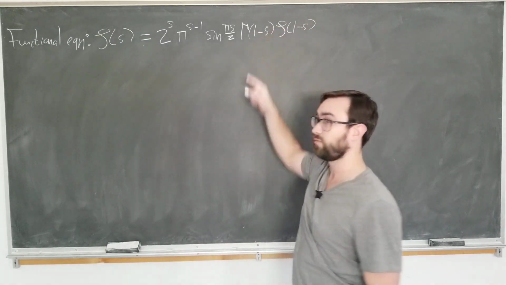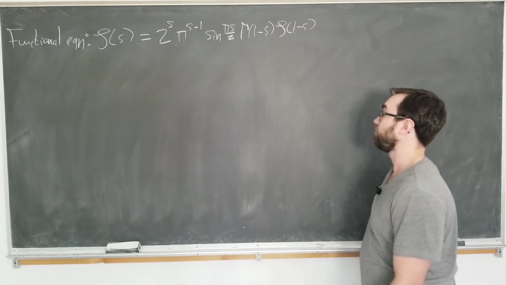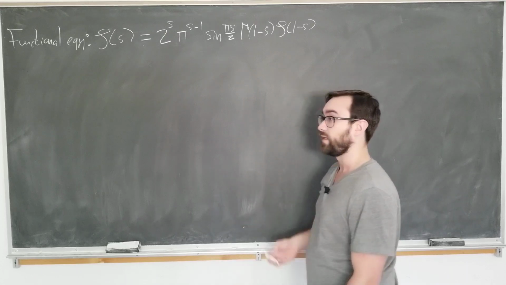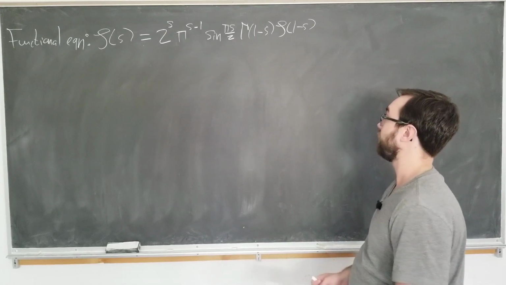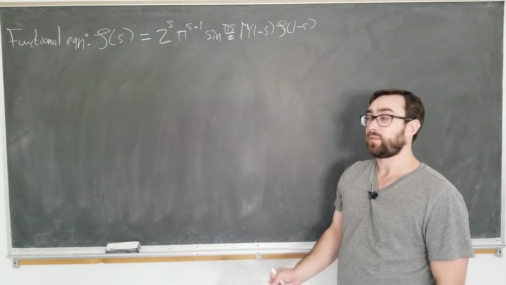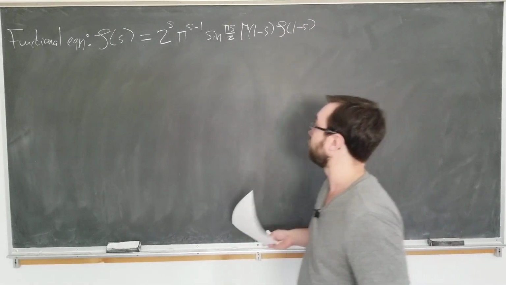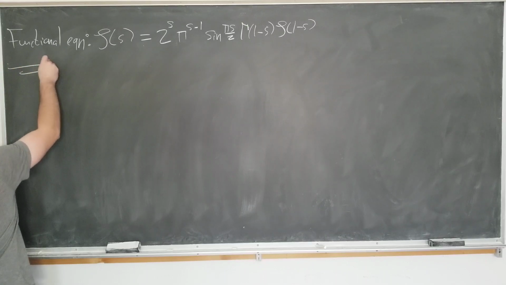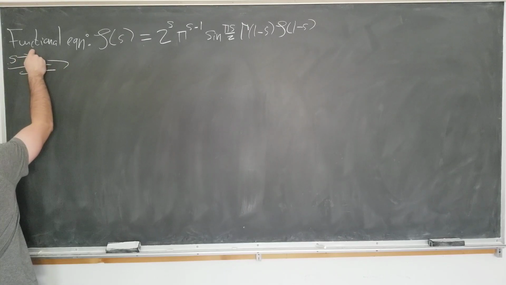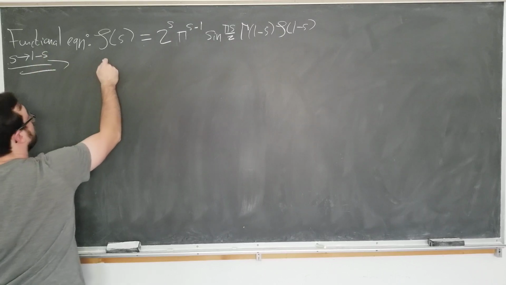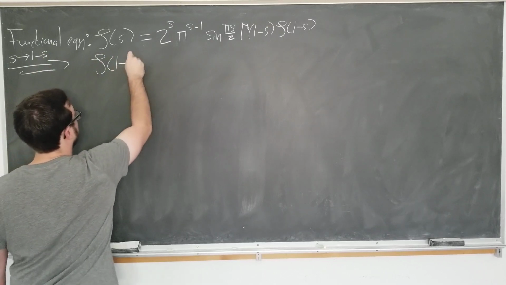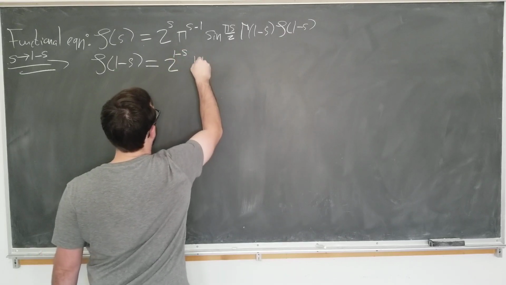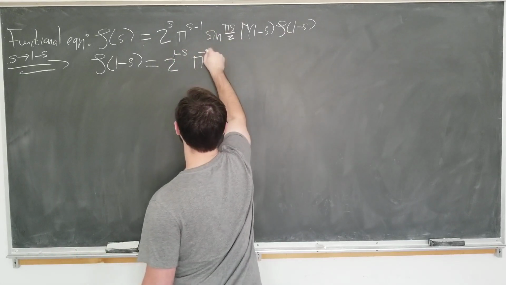So now we have here the Riemann zeta function, which we've talked about in previous videos. This is the gamma function. It generalizes the factorial function. I've talked about it before. We are now going to obtain a similar relation by plugging in. If I let s go to 1 minus s, I'm going to have zeta of 1 minus s is equal to 2 to the 1 minus s, pi to the 1 minus s minus 1, which is minus s.